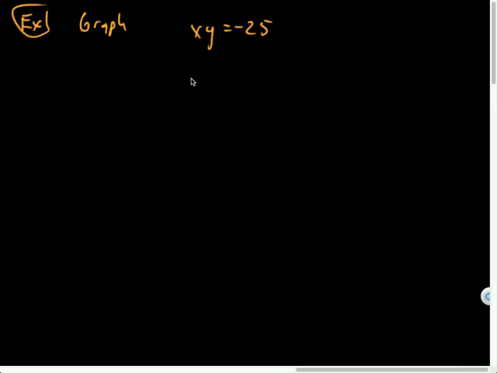So, let's see. Because my c value is negative, which quadrants does this live in? I think it'll be quadrants 2 and 4. Right, so it'll be one of these ones.